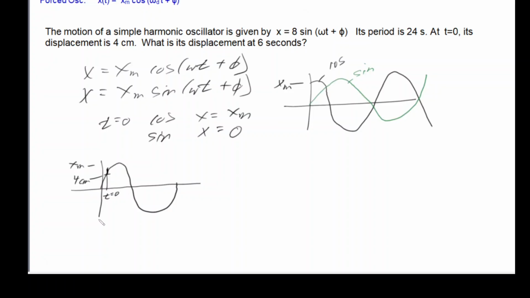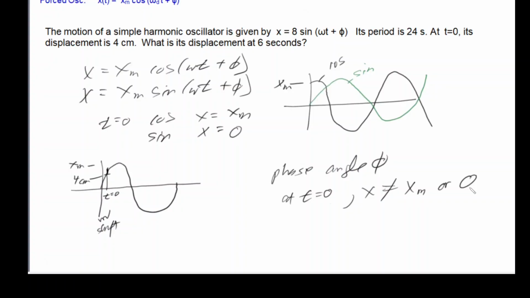Well, that means that there's a phase shift here that has to be accounted for. And the phase angle, phi, will account for that. So when you have a problem where at t equals 0, x does not equal xm, or 0, then you usually need to use a phase angle.